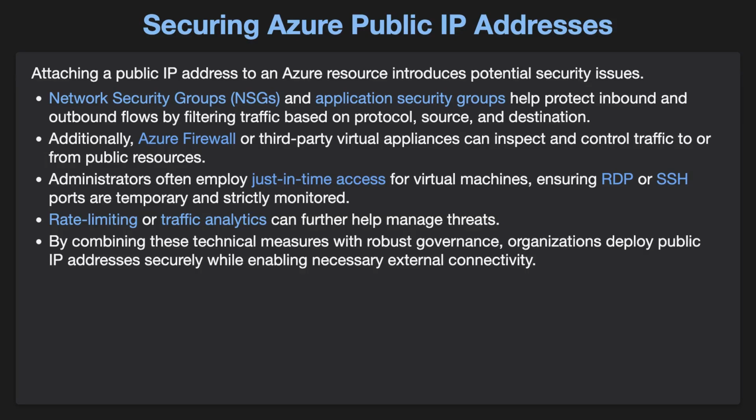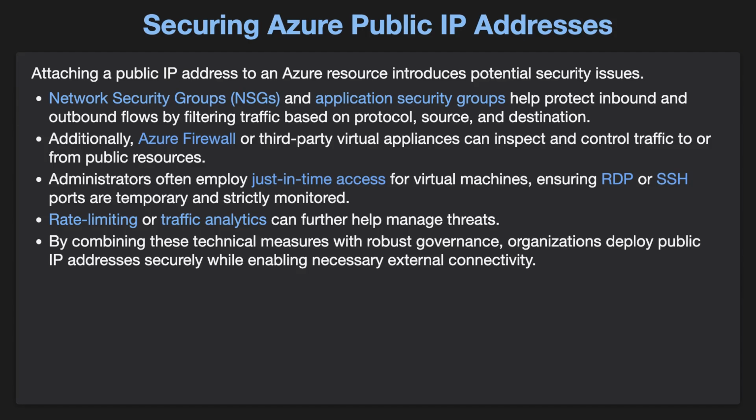Attaching a public IP address to an Azure resource introduces potential security issues. Network security groups, NSGs, and application security groups help protect inbound and outbound flows by filtering traffic based on protocol, source, and destination. Additionally, Azure Firewall or third-party virtual appliances can inspect and control traffic to or from public resources.